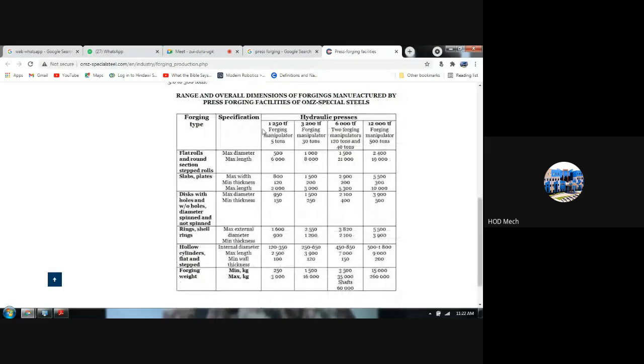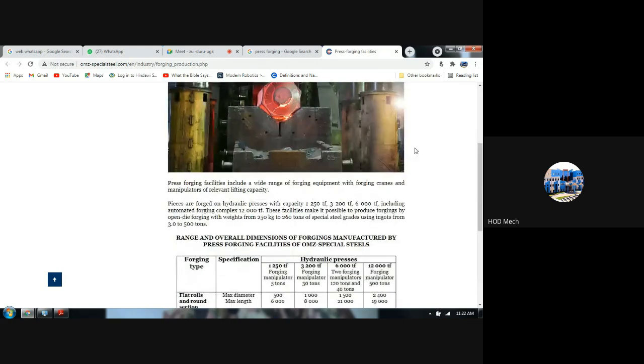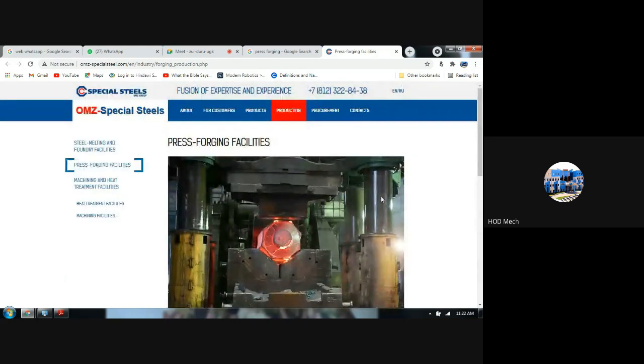Now when you look at this hydraulic press, you see what the capacity is. This is not a very small thing. It is a mega industry. Look at the hydraulic press, you see what the capacity is. Forging manipulator 510, 3010, 12010, 510. The capacity of this press is 500 ton, so you can imagine how much pressure it will apply onto the workpiece.